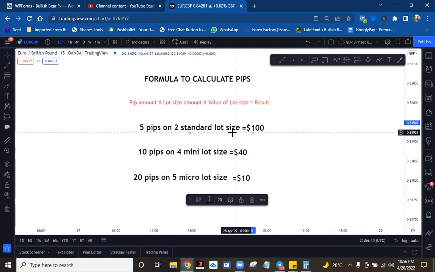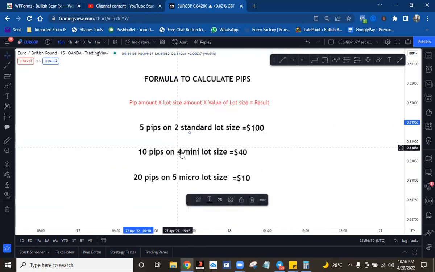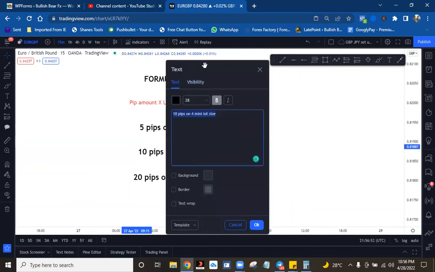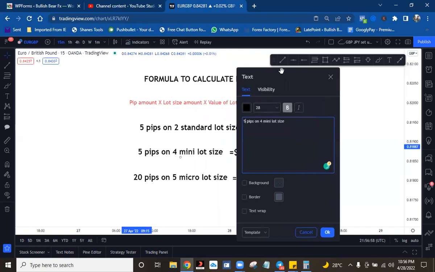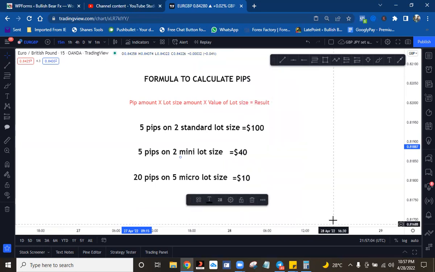Let me make everything be on the same number. Leave the standard lot size like this. Let's work on mini. Let's say I'm risking the same 5 pips on a mini lot size and I'm using the same 2 positions as the standard lot size user.